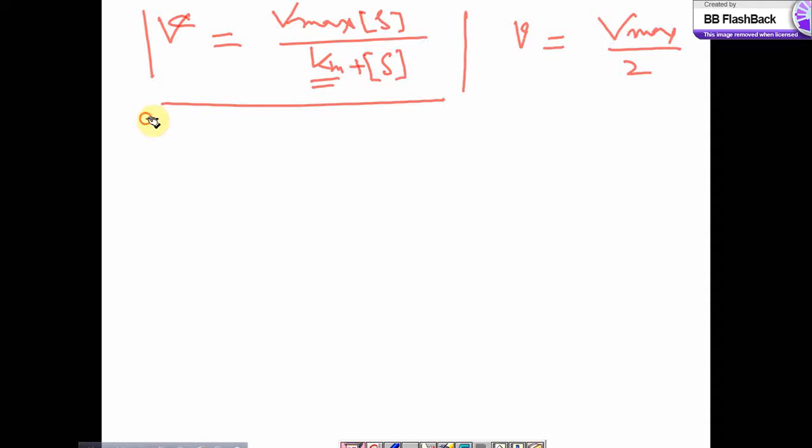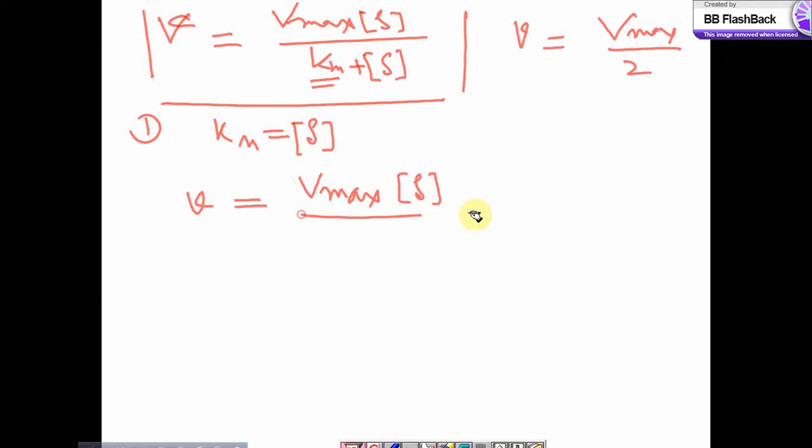In the first case, I am saying that Km is equal to the concentration of the substrate. Now if I put the values over here, small v is equal to Vmax into S by Km.